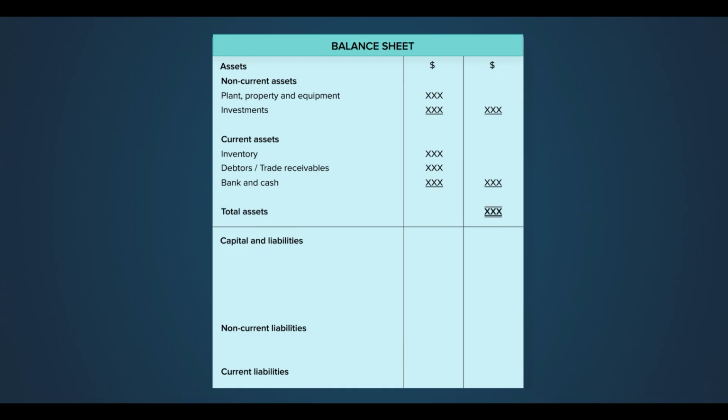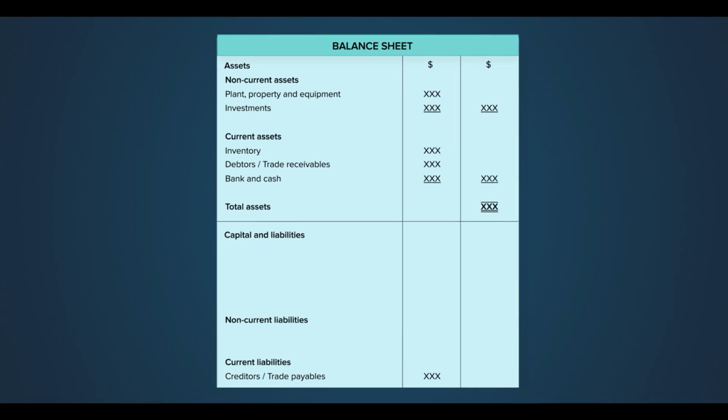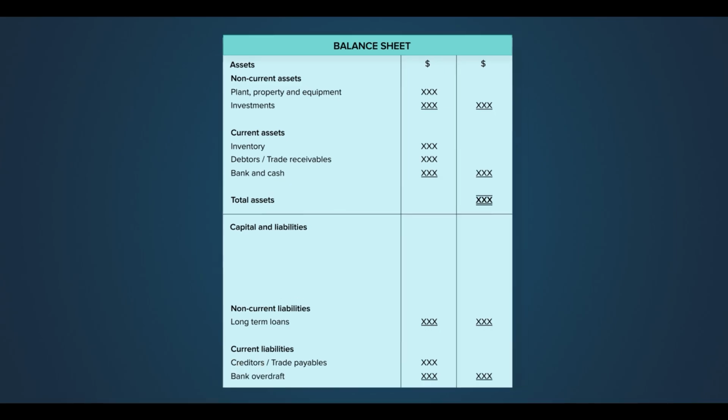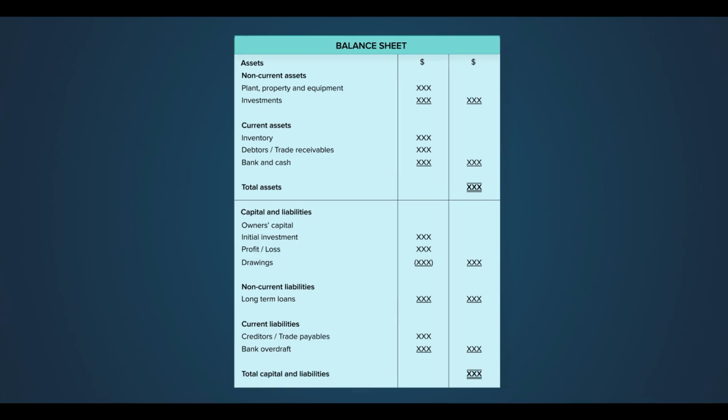Likewise, liabilities include trade payables or creditors, loans, and bank overdraft. And finally, capital is the amount contributed to the business by the owners. This section will also include the profit made by the business.